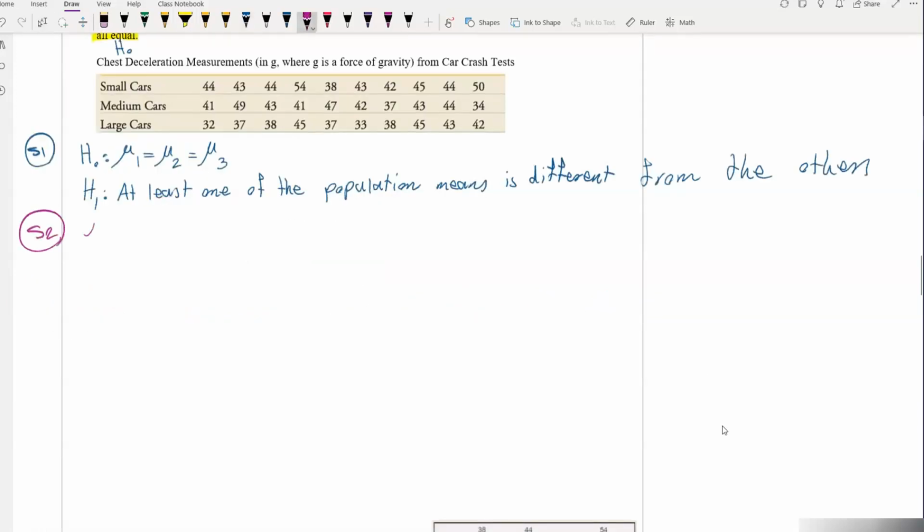Step 2, alpha. Step 3 and 4. So I'm going to combine these two and use TI-84. So here is test statistic and p-value.